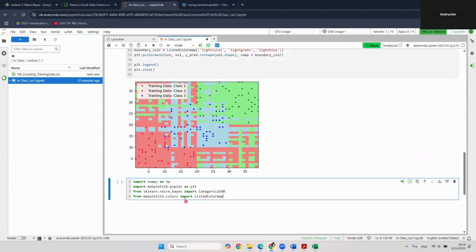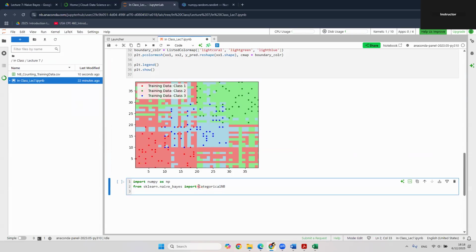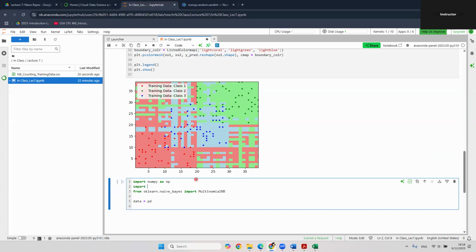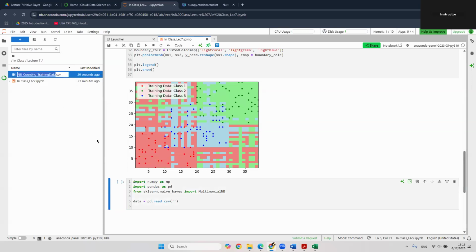I don't need so many libraries, I don't need matplotlib, but I do need the multinomial naive Bayes. Then I'm going to have data equal to pandas read CSV, and then the file name.